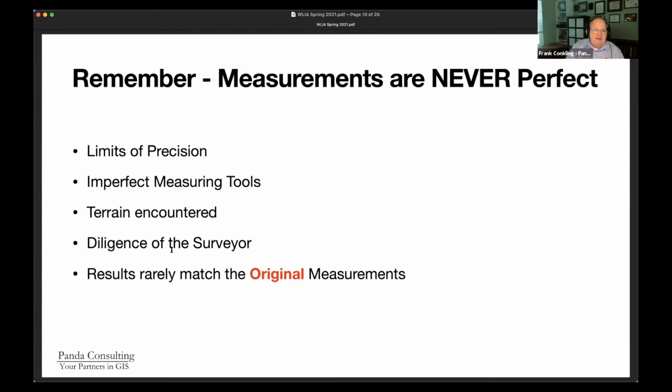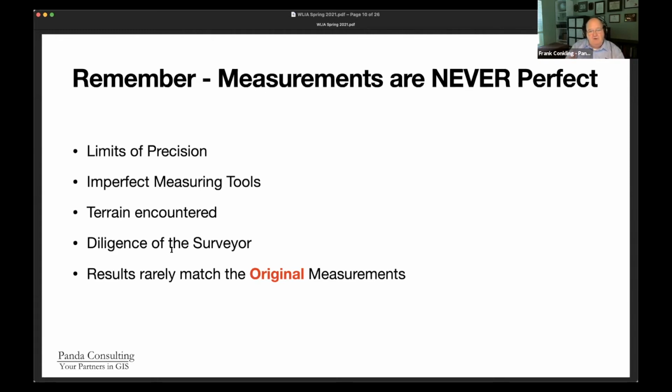And then finally, and this is most important, the results rarely match the original measurements that are either called out on the deed or even called out between observation sessions. They rarely match the same.